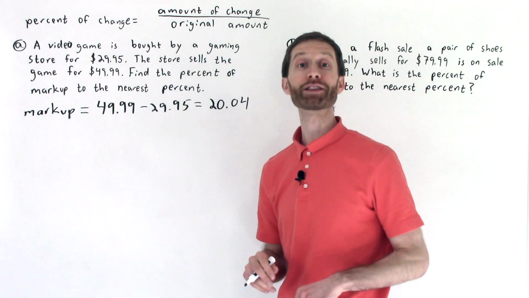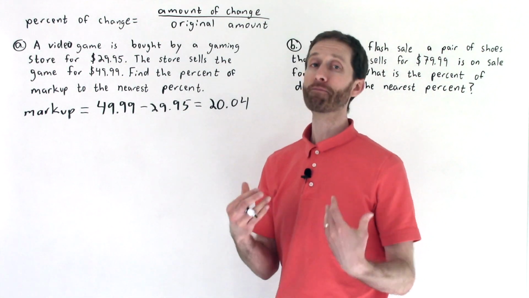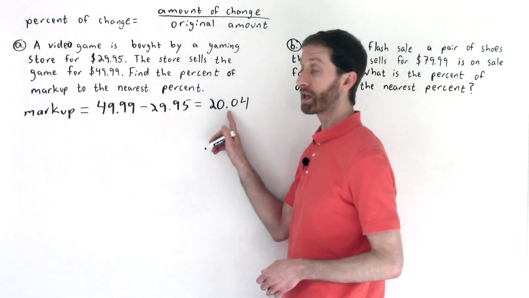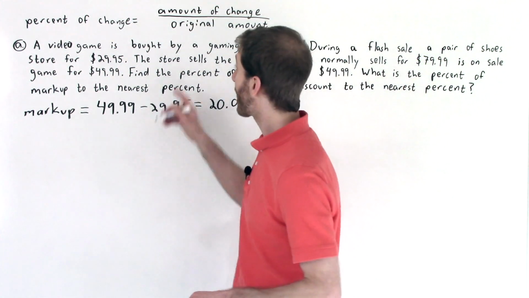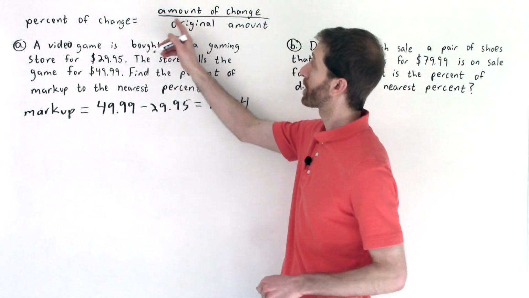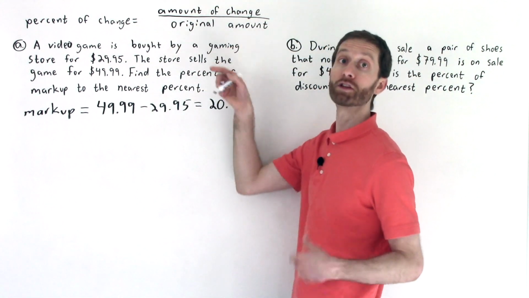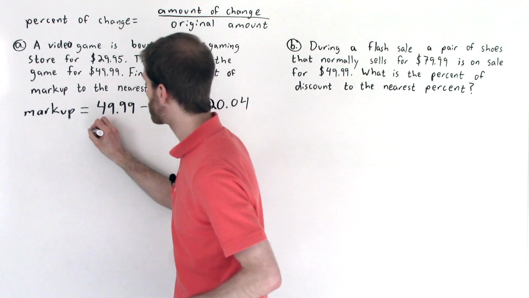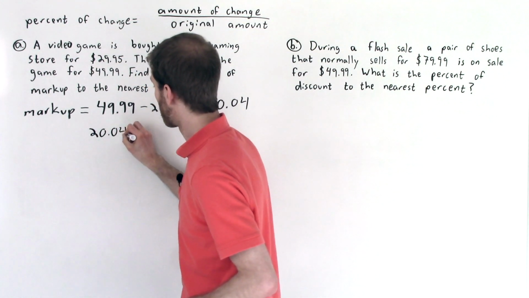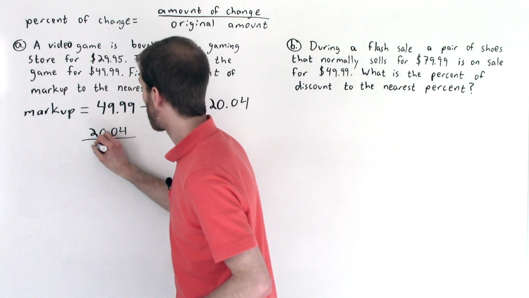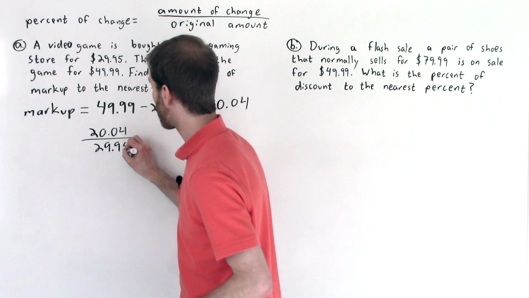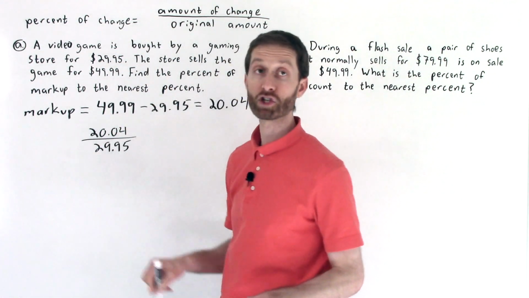Now if you're asked to find the percent of markup, then that's just taking the amount that we've marked up and dividing it by the original amount. Remember, percent of change is the amount of change compared out of the original amount. So that's going to be 20.04 divided by $29.95. We want to find the percent of the original amount that we have changed by.